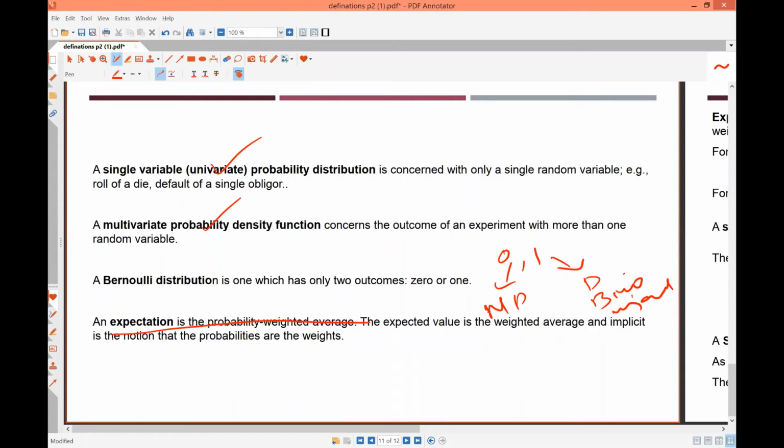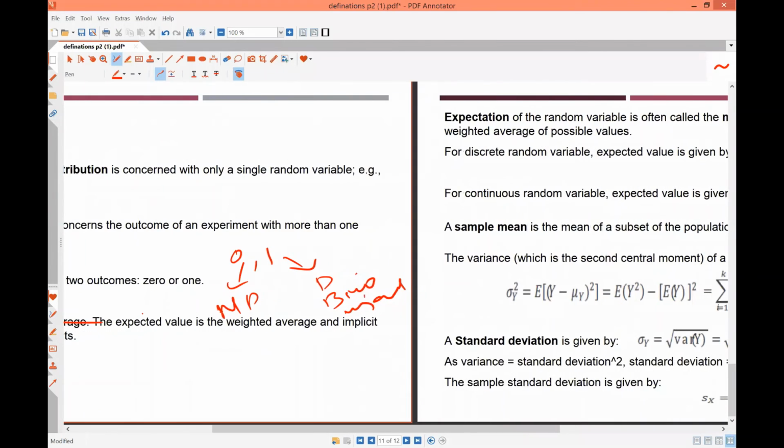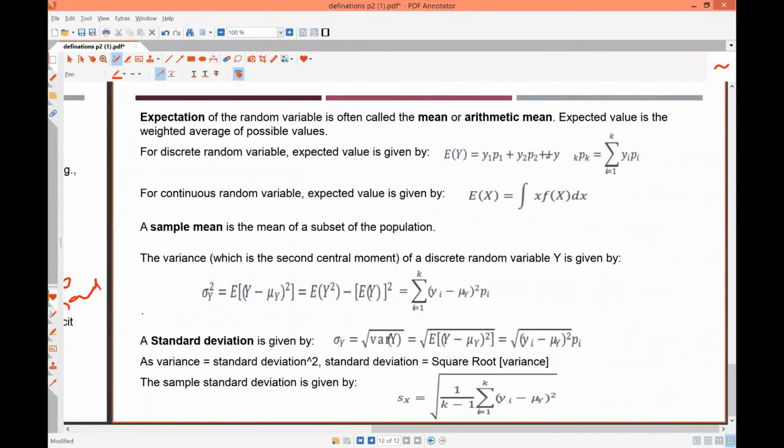Expectation is again the mu, the mean, which we calculate as the probability-weighted average. As I explained earlier, expectation is the arithmetic mean. For a discrete variable it is calculated this way, but for a continuous variable it uses this integration formula of x times f(x).